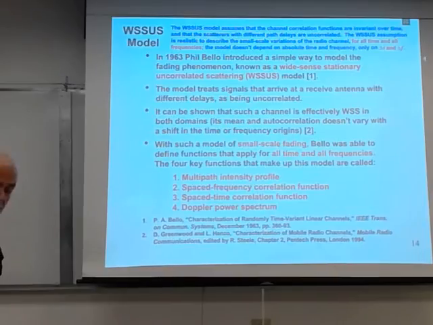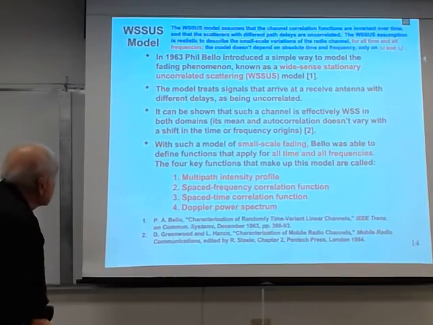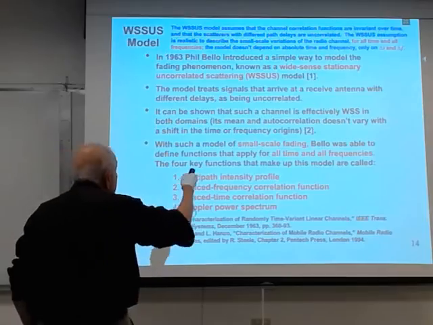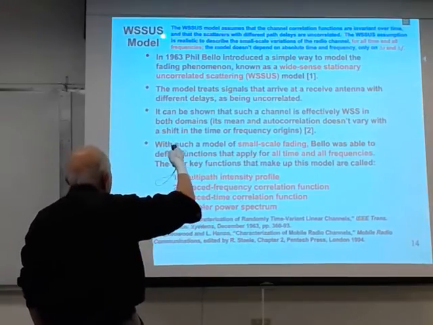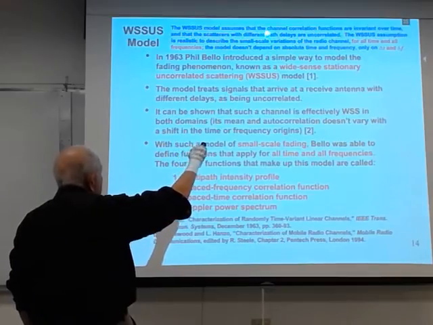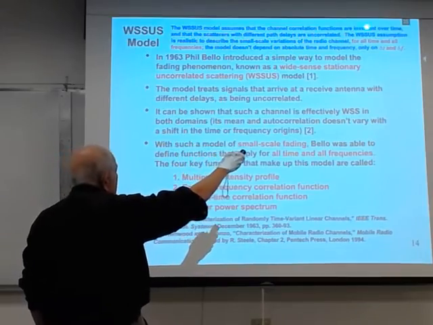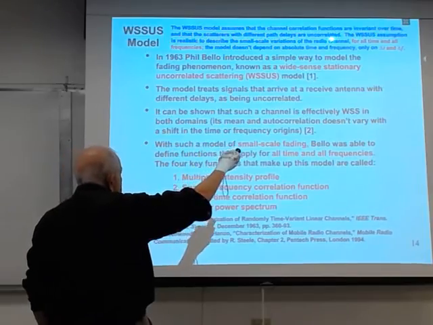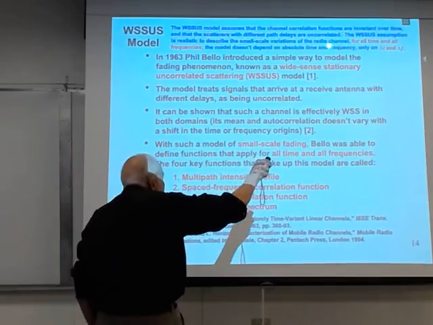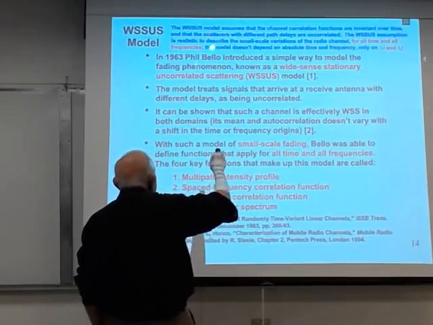What's beautiful about this is that this model assumes that the channel correlation functions are invariant over time, and that the scatterers with different path delays are uncorrelated, and the WSSUS assumption is realistic to describe small-scale variations for, and this is the important point, all time and all frequencies.